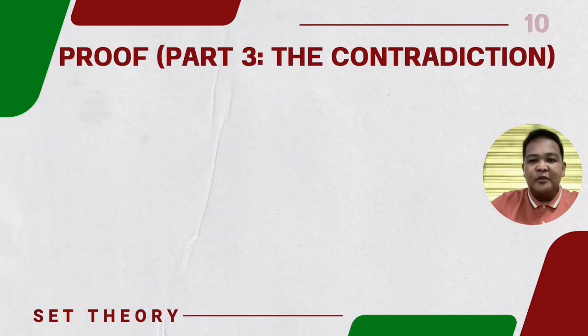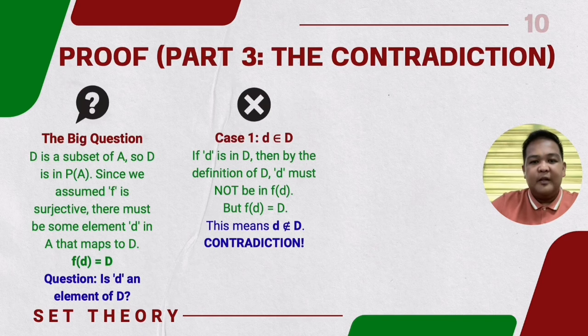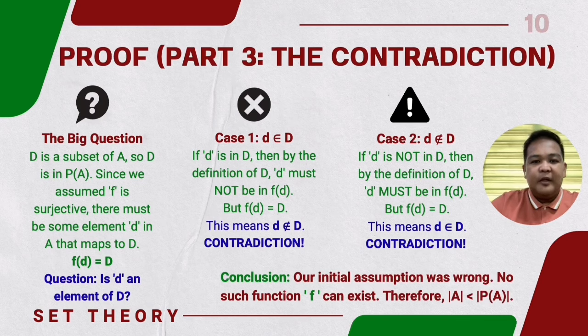Alright, let's focus on this intriguing part of Cantor's theorem. We have this special set D, which we defined as a subset of A. Since f is surjective, there must be some element d in A mapping to D, so we have f(d) = D. Now here's where it gets interesting.